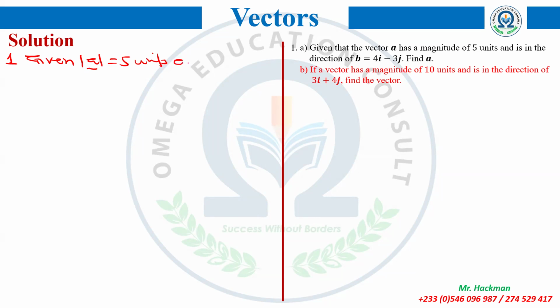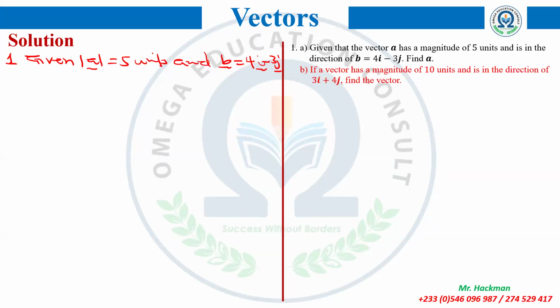And you also need your direction vector. Your direction vector B tilde is equal to 4i tilde, don't forget, minus 3j tilde. Don't forget your tildes. Even at my age, I don't forget.